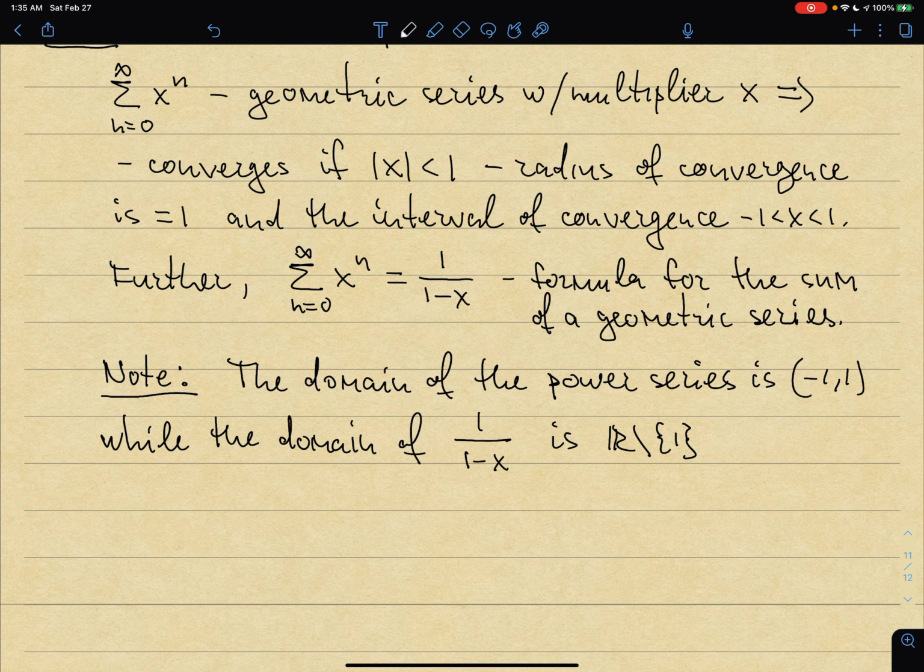How come? The reason is that the sum of the series is equal to 1 over 1 minus x only when the series converges, right? And the series only converges here. So the domain of the power series is not the entire domain of 1 over 1 minus x, but only a part of that domain.